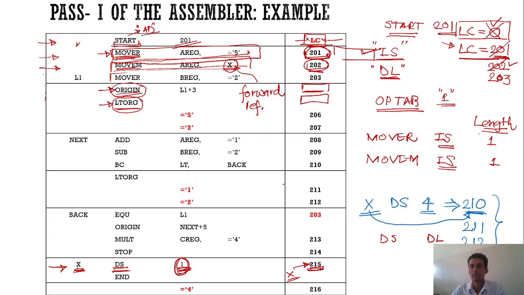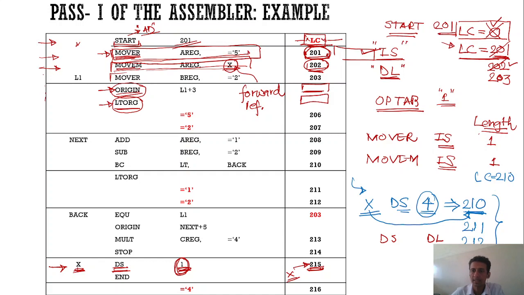Okay, so I have stated this example only because in case we wish to update the location counter, which is currently 210, by the end of this instruction, it is going to be incremented by the operand that we have in the DS instruction, that is 4.